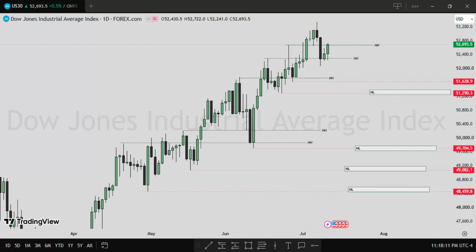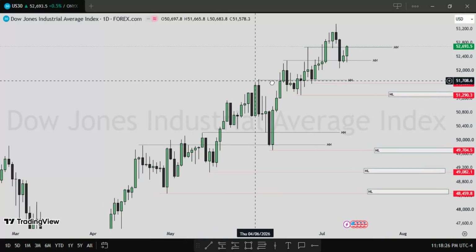Every rally is met with selling pressure and price continues to make new lows. So during a downtrend, traders generally look for selling opportunities instead of buying.